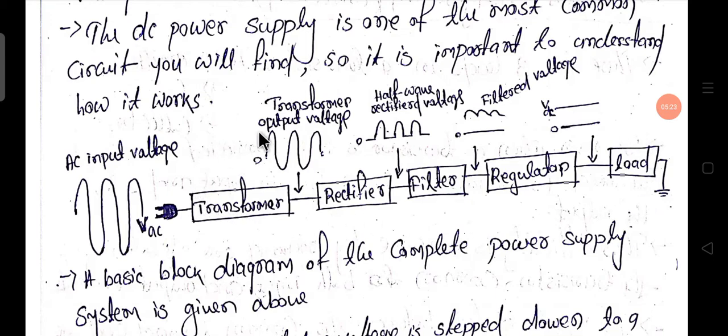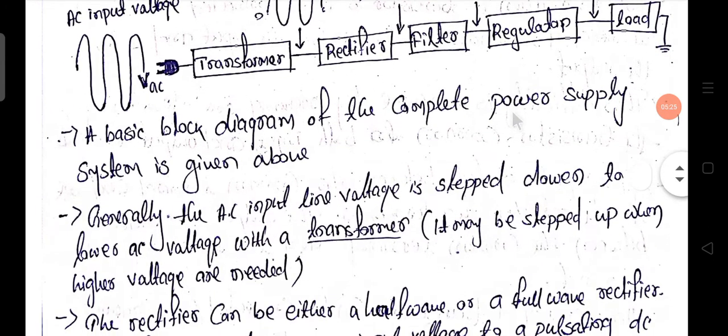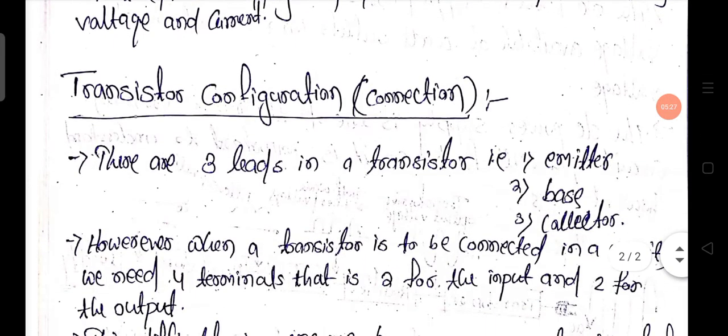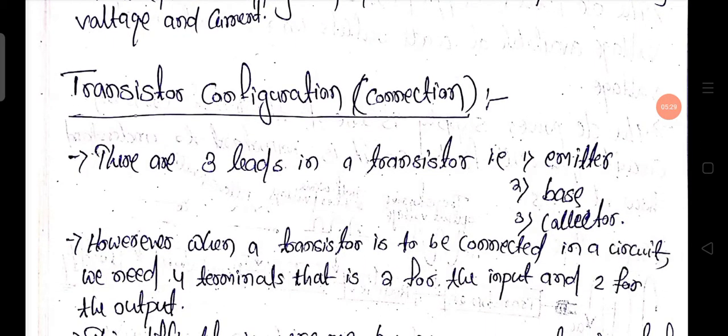Then we come to transistor configuration. Previously we have studied the transistor, the BJT, bipolar junction transistor.